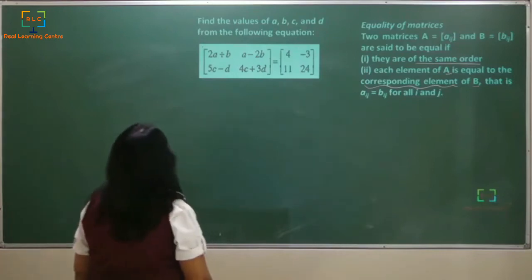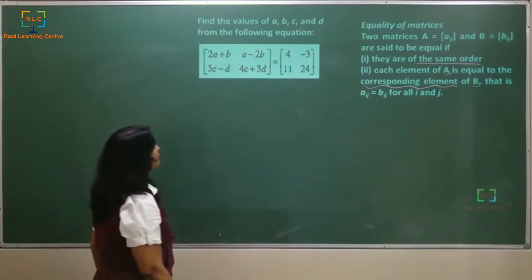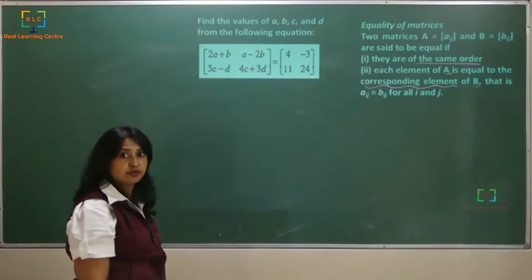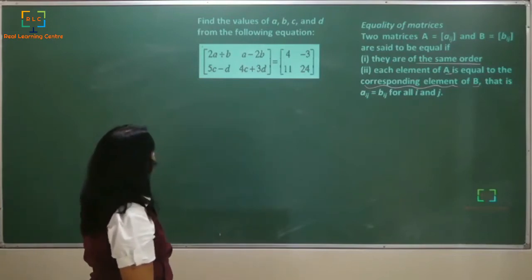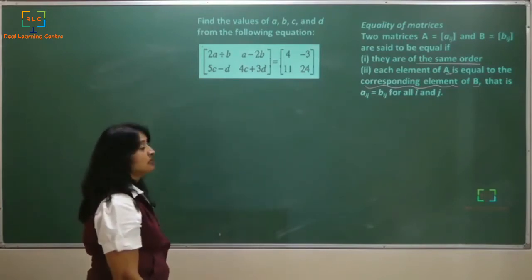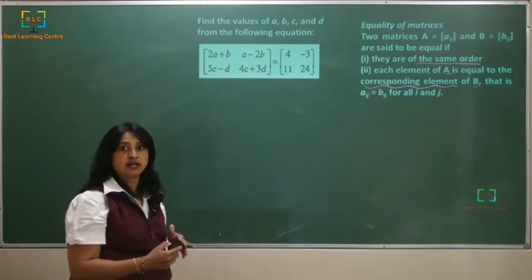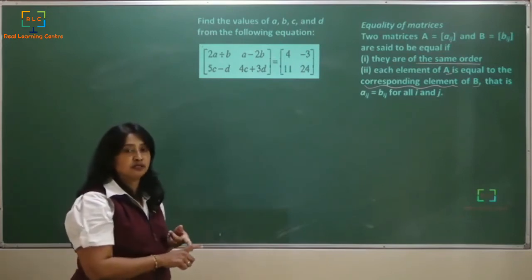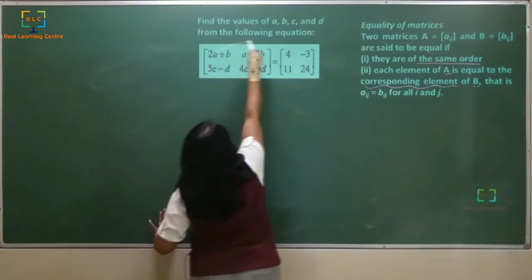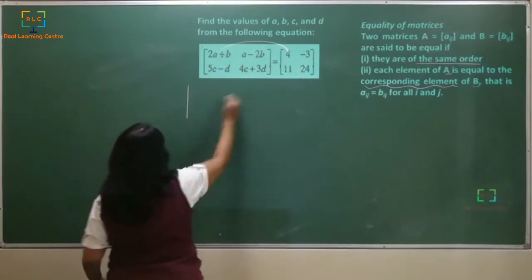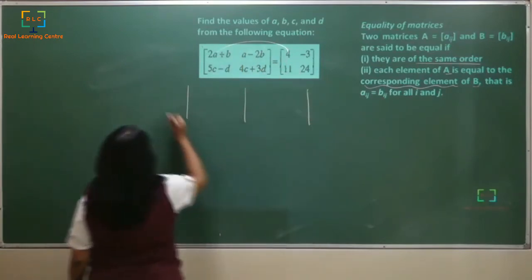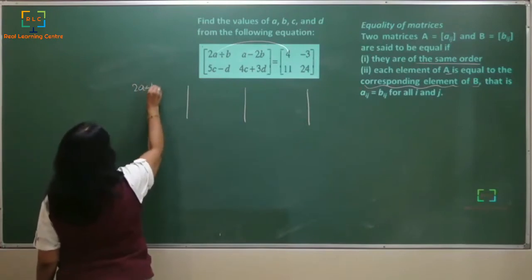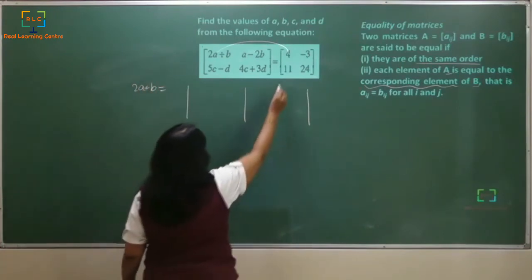Now we have an example here, which of course is also from your textbook. Find the values of A, B, C and D from the following equation. Because the two matrices have already been equated, I can take the corresponding elements equal. So you have 2A plus B is equal to 4.